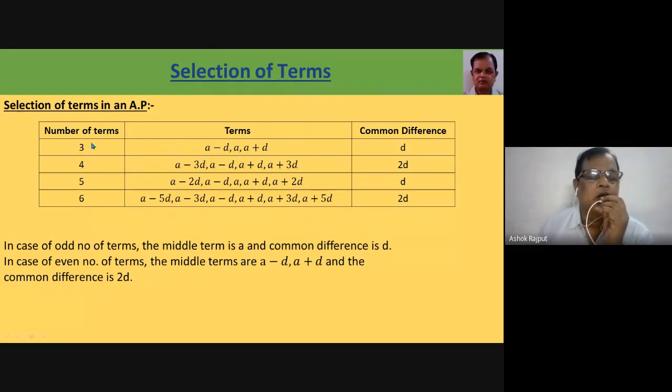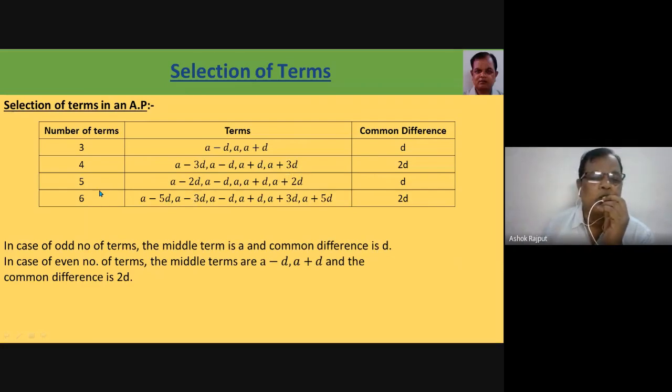So if there is a need to take three terms, we will take a minus d, a, a plus d. If we want four terms, then a minus 3d, a minus d, a plus d, a plus 3d.